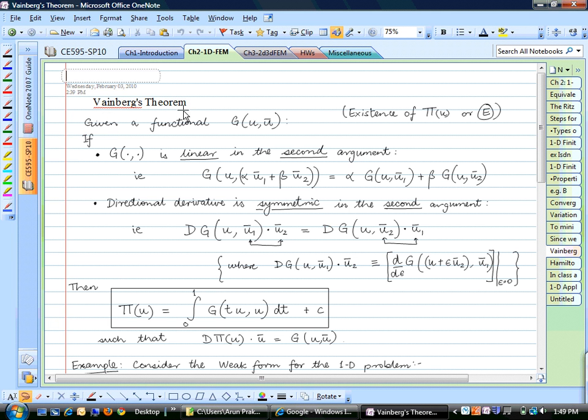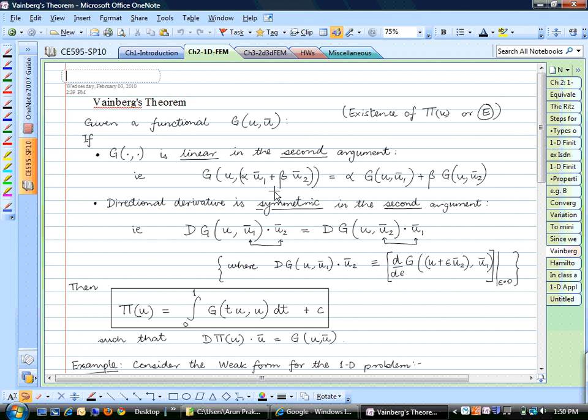So the Weinberg's theorem says that if you have some sort of a weak form, which can be expressed as G(u, ū), real displacement, virtual displacement, then we need to check two conditions for G. The first condition that we need to check for G is that it is linear in the second argument. And the way that we write that is G of the first argument, and we express the second argument as a linear combination of ū1 and ū2.